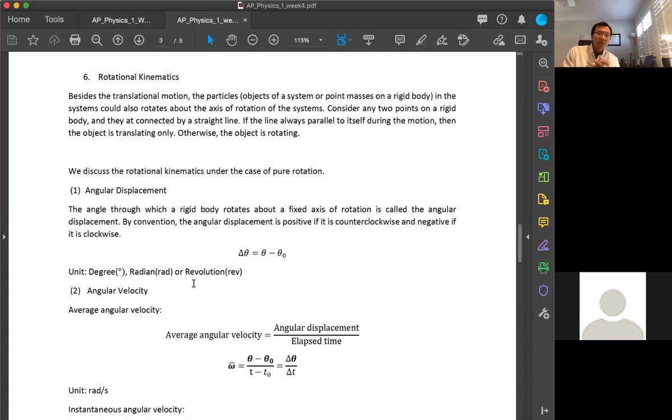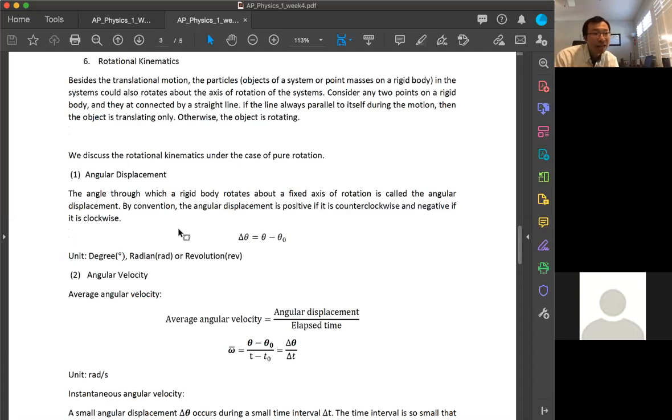So this is what happens with a little bit more complicated motion of the object. Previously, without considering rotational motion, we considered the object we study as a point mass, right? We didn't consider the size or the shape of it. But when we consider rotational motion, we need to consider the size of the object we study.